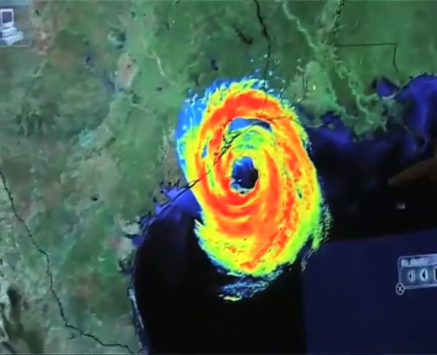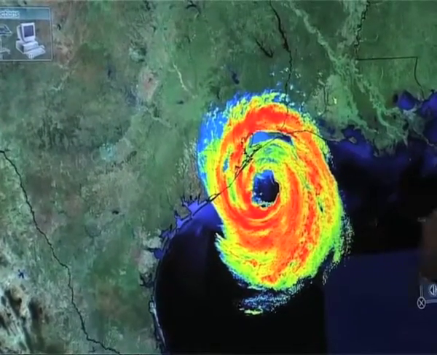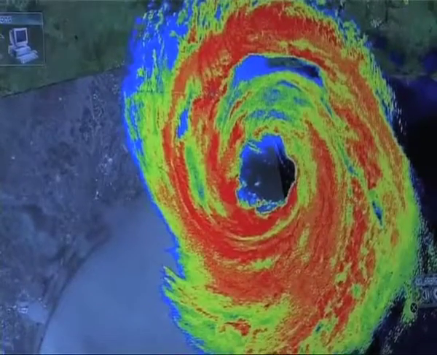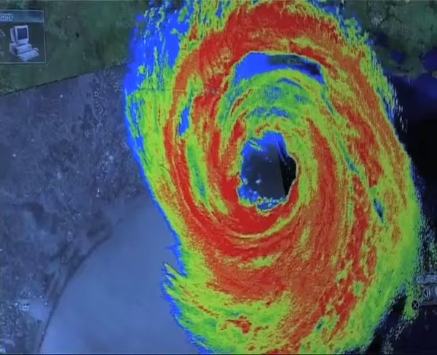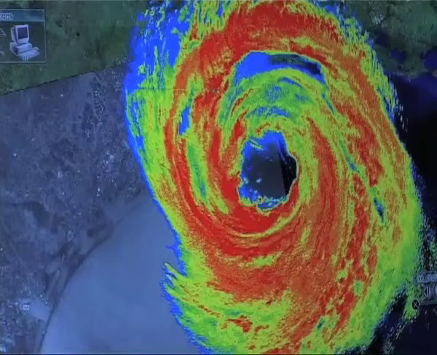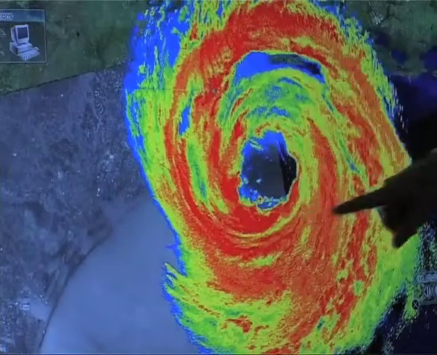This is an example of Hurricane Ike when it was just offshore of the state of Texas. And this is Doppler weather radar data. The surface of the water is being disturbed by the wind. It's called surface roughness. And what's amazing with this image is this is radar data.